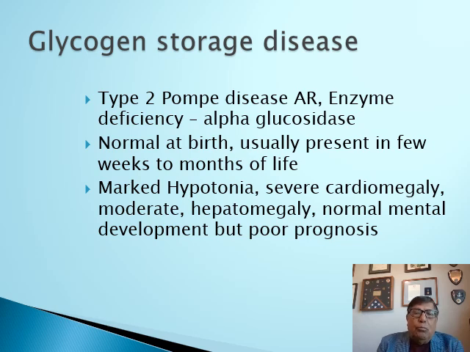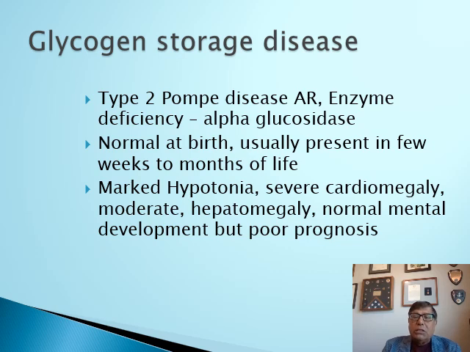So type 2 is Pompe's disease, which is the second one, and it is also autosomal recessive, and the enzyme deficiency is alpha glucosidase in this case. They are usually normal at birth. They usually present a few weeks or months after birth. They present with marked hypotonia, and they involve the heart.